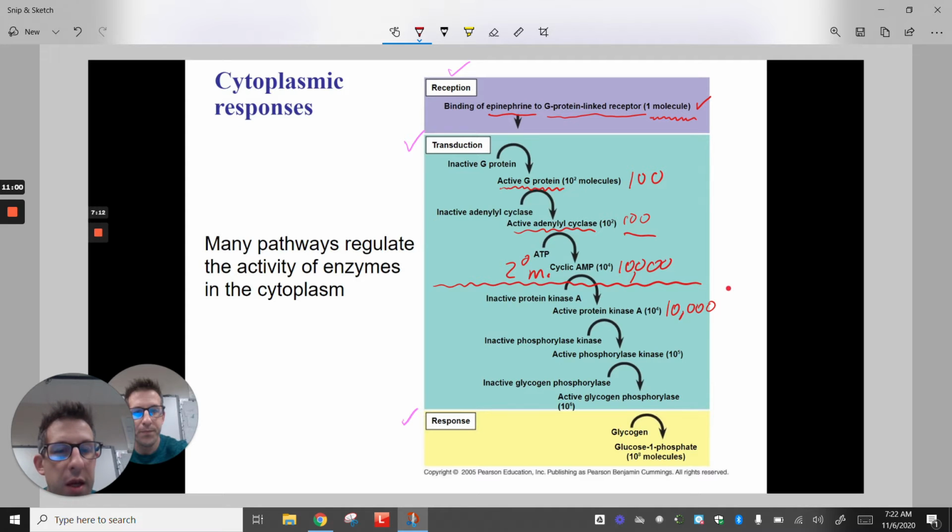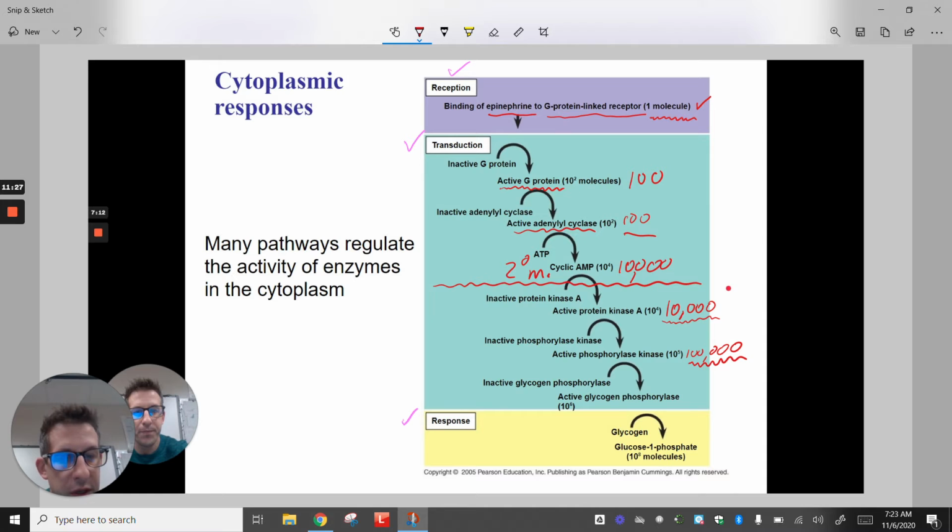So 10,000 molecules of active protein kinase A are going to activate 100,000 molecules of phosphorylase kinase, and that's another type of protein kinase. They just give it a different name. All right, on we move.